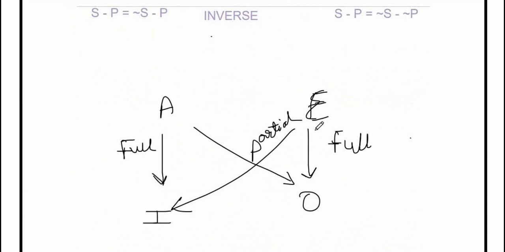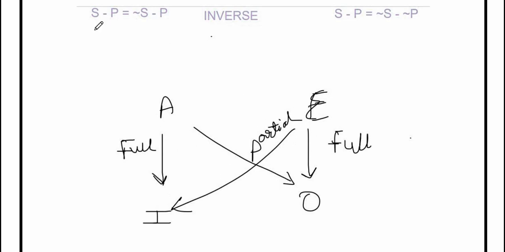E to O, A to I, A to O, it all goes downwards in inverse. Nothing goes up. In full, only A to I and E to O are possible, whereas in partial, only A to O and E to I are possible.